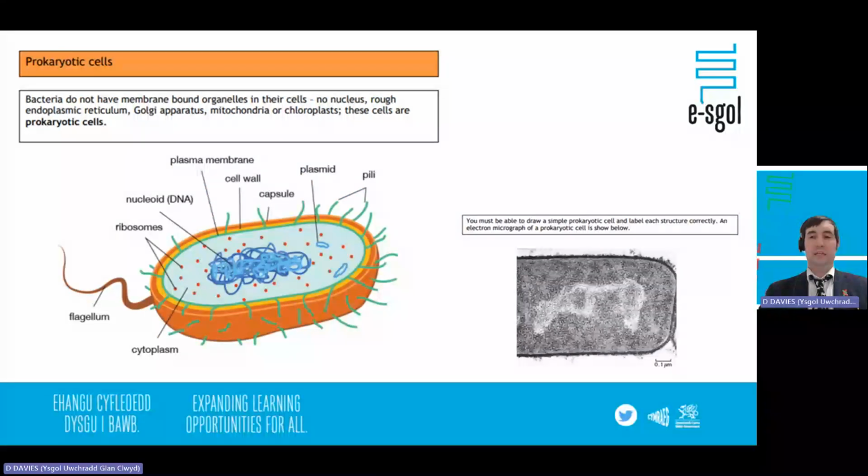Prokaryotic cells are cells that do not have membrane-bound organelles. That means all the organelles are basically floating around in a big cytoplasmic soup inside the cell. So again, you need a list or a table: what are all these organelles and what is their function?